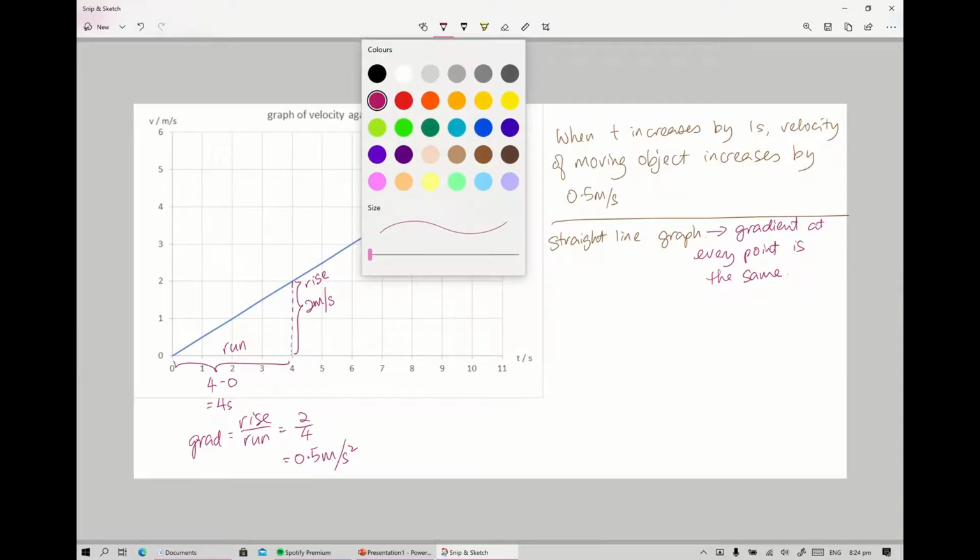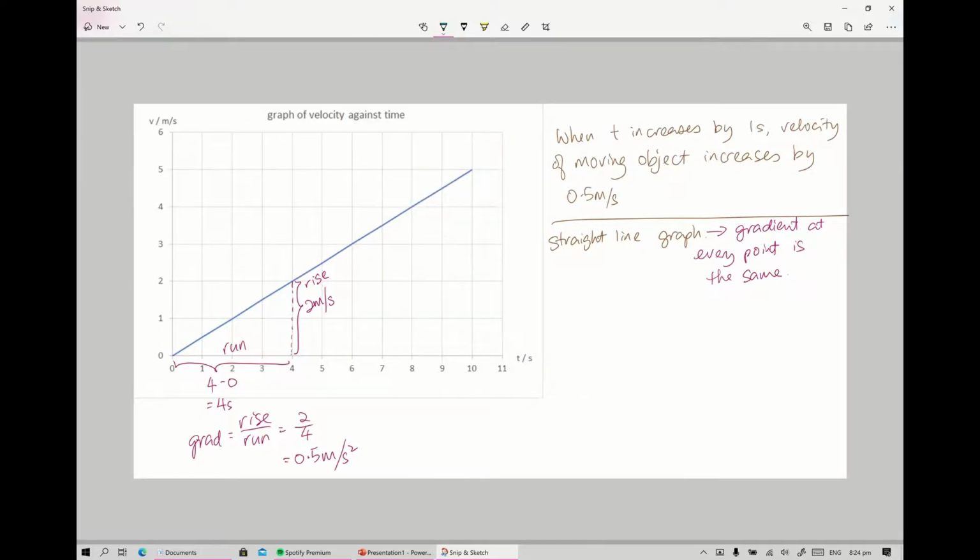How about let's choose another set of coordinates to convince yourself. Let's take from 2 seconds all the way to 10 seconds. So over here you have 2 to 10, which is 10 minus 2 equals 8 seconds.